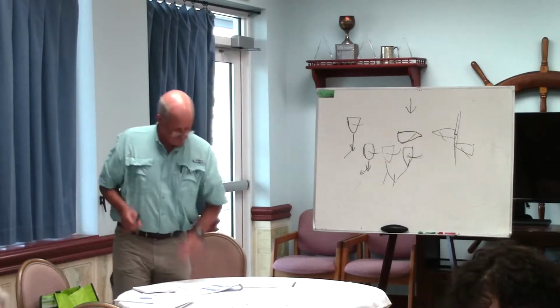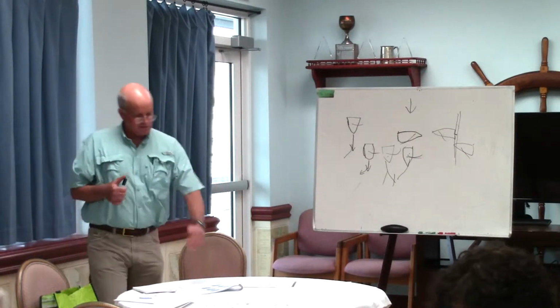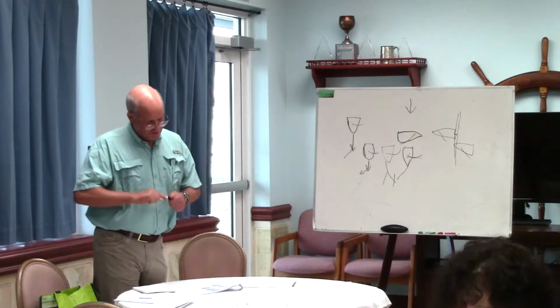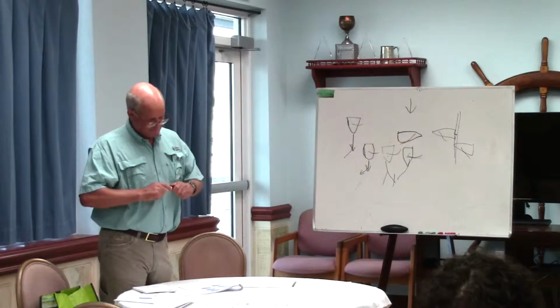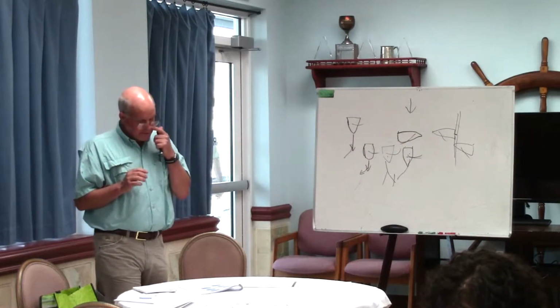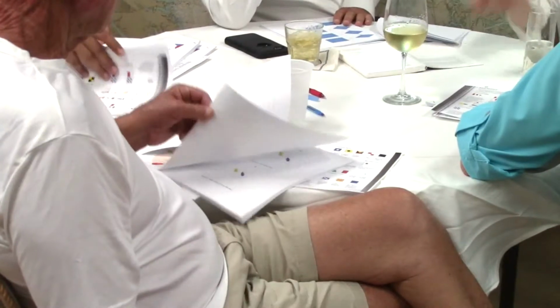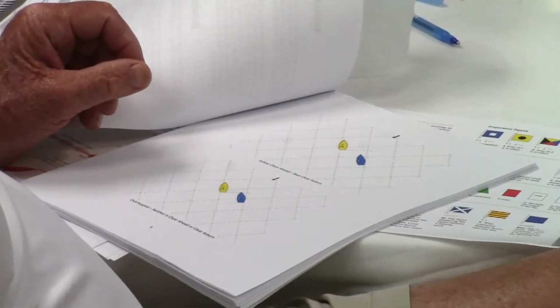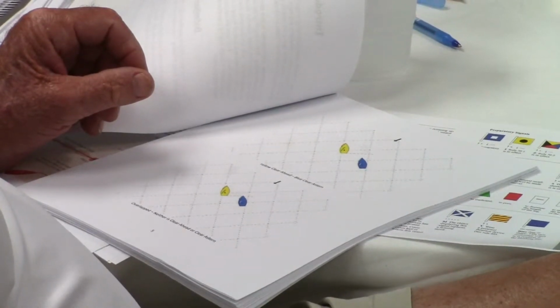Let's go to page 14, and it has a kind of flow chart that you can go through when you're approaching another boat. First thing you ask is, is one of the boats tacking? If so, the boat that's tacking has to keep clear of the boat that's approaching on a tack and sailing.